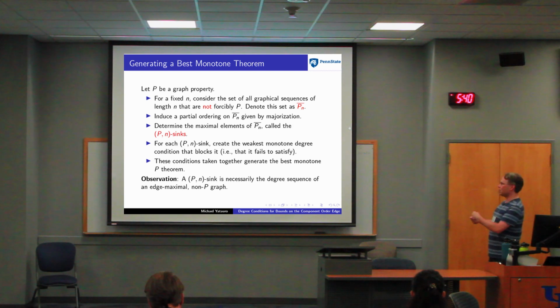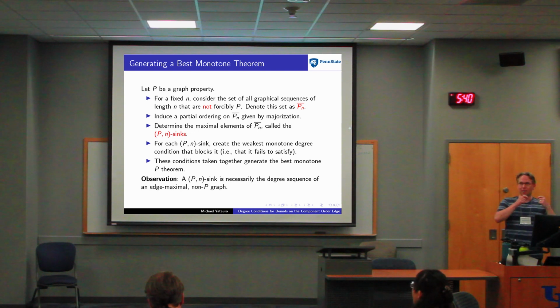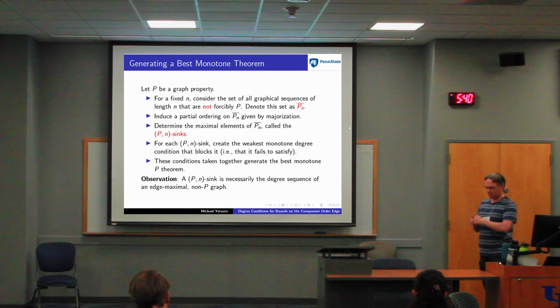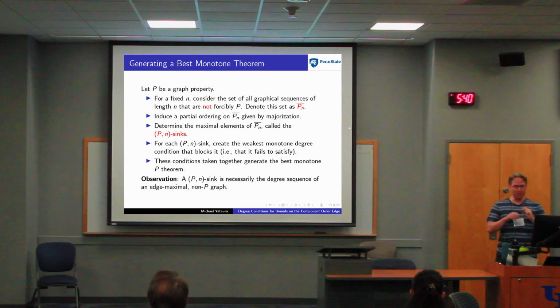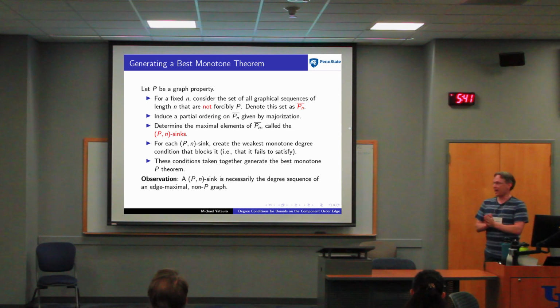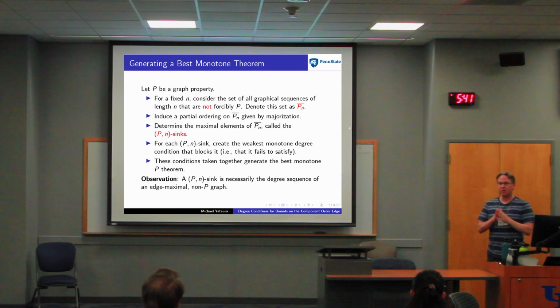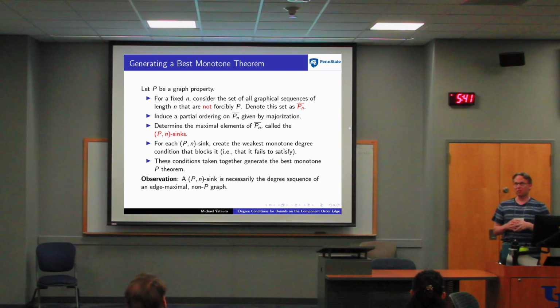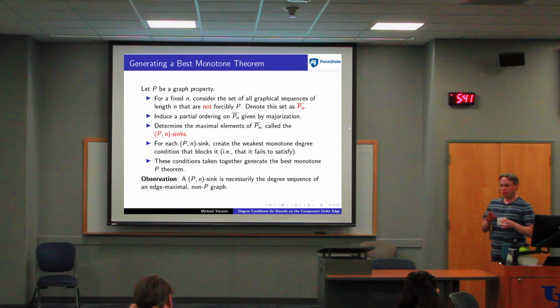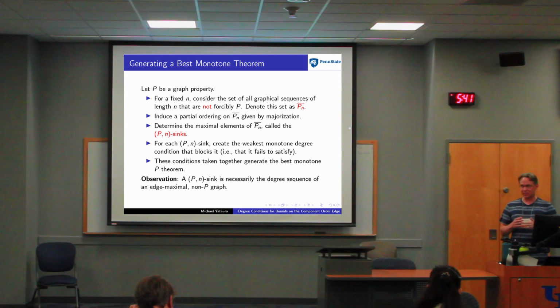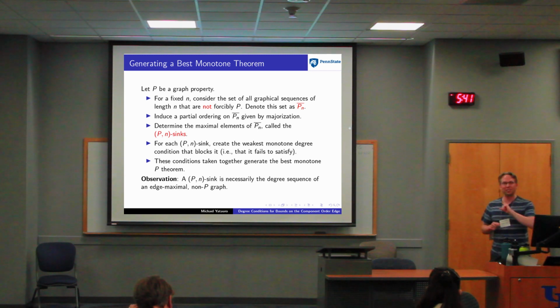You want the maximal elements of the non-forcibly P graphical sequences, and the majorization is the partial ordering. Okay? But to do that, you're usually looking for the edge maximal graphs that are not the ones with the property you're looking for, and then you construct their degree sequences, look for the ones that don't majorize one another, and create conditions that those degree sequences fail.